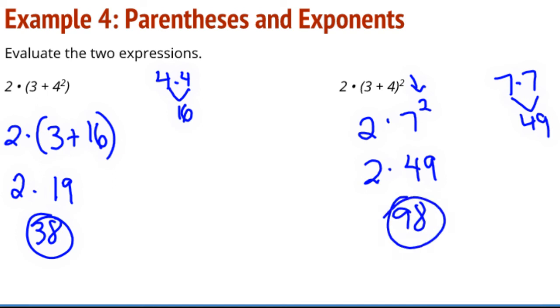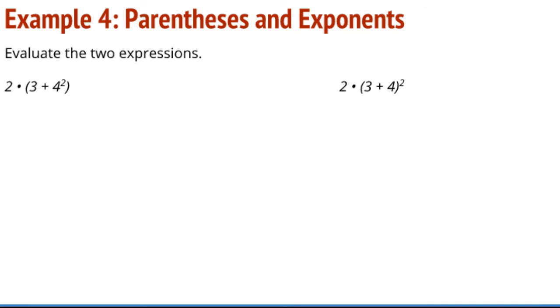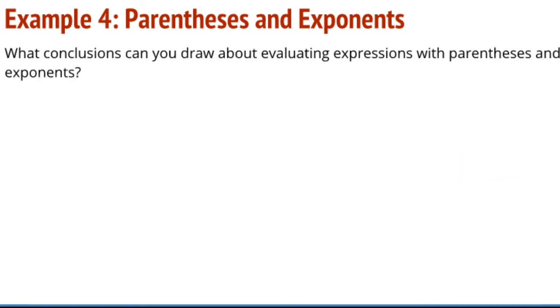So they definitely did not have the same value, and it comes back to the order of operations. This exponent, this squared right here, goes only with the 4. This squared goes with everything inside those parentheses. So no, they definitely don't have the same value.